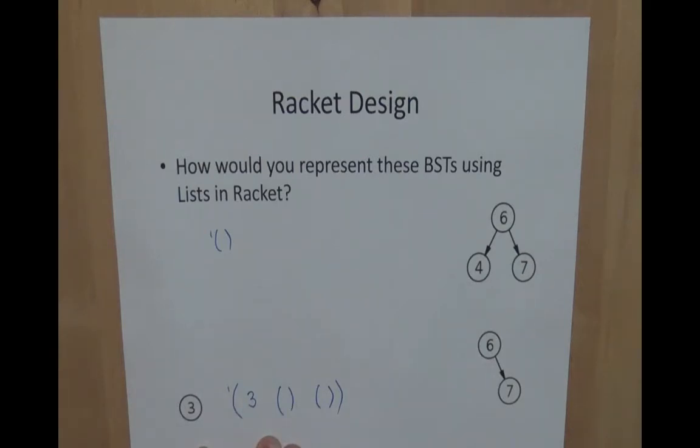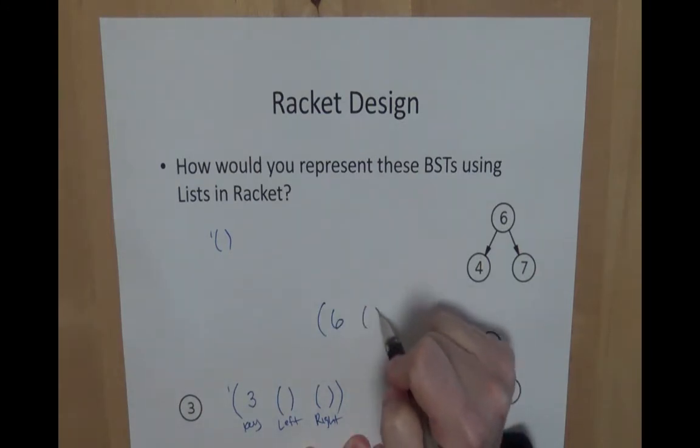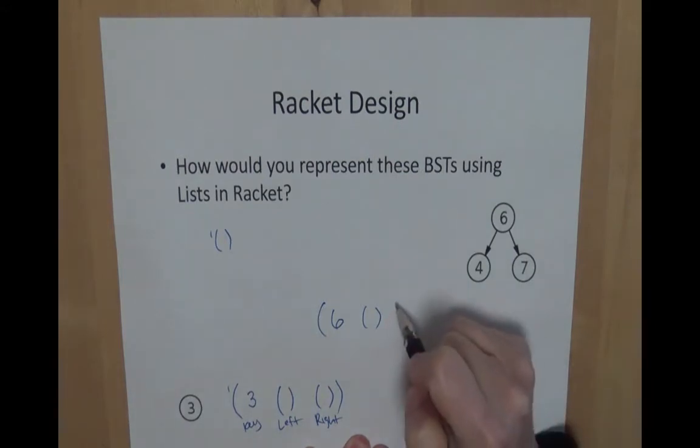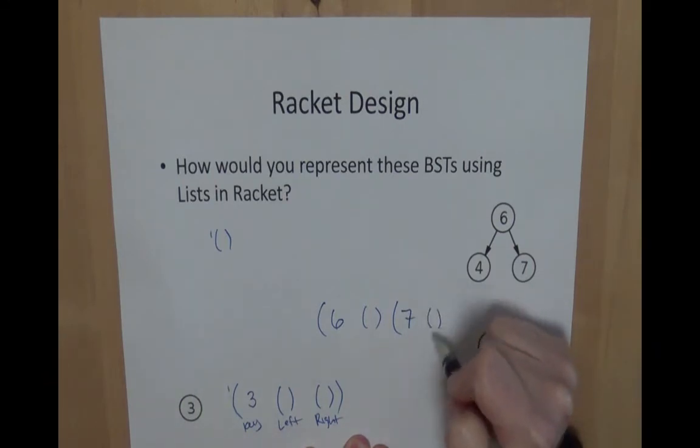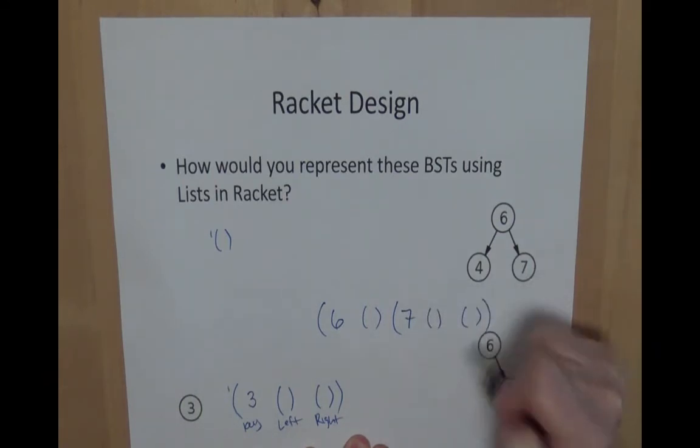We actually don't. Okay, let's look at translating that same structure. So this is the key, and then this is the left, and this is the right. Let's look at how we translate that with this 6 and 7. Okay, so the first thing will be the root, which is 6. Its left subtree is empty, and its right subtree is a subtree that has 7 as the key, an empty left subtree, and an empty right subtree.